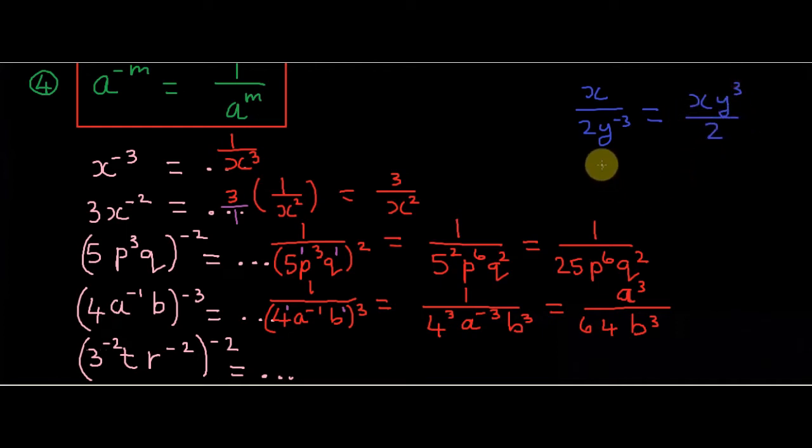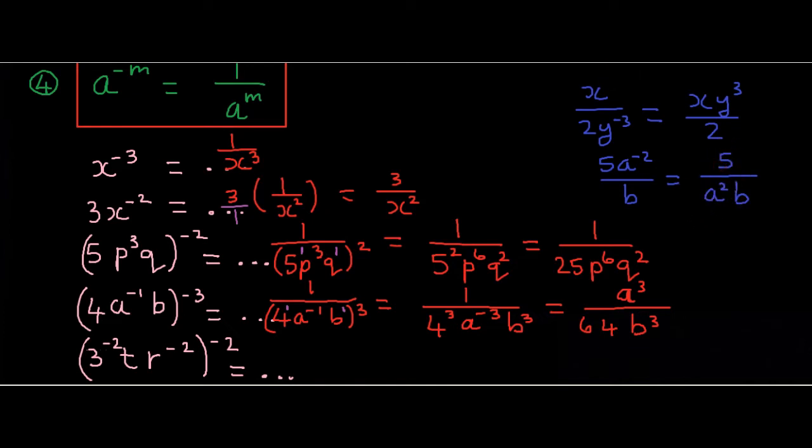Let's take another example. Let's say I have 5a to the negative 2 over b. Then the a has a negative power, so it can go into the denominator. It becomes a squared. The power becomes positive, and we still have 5 left on top.